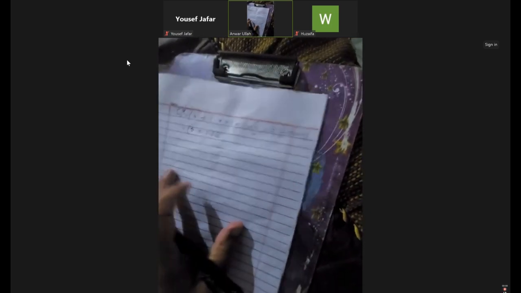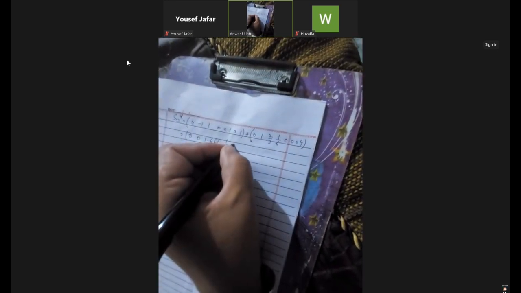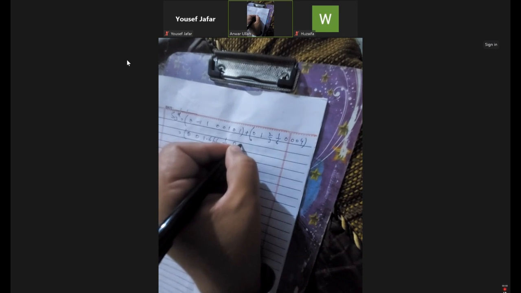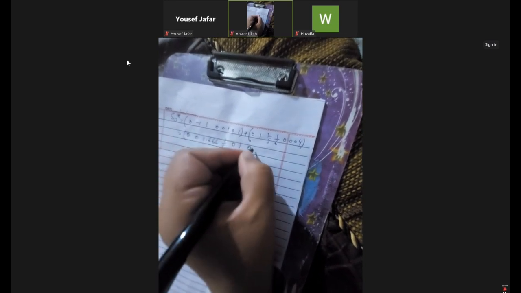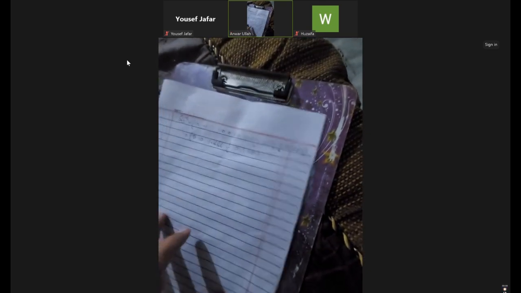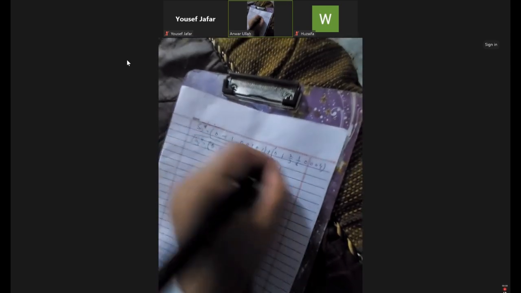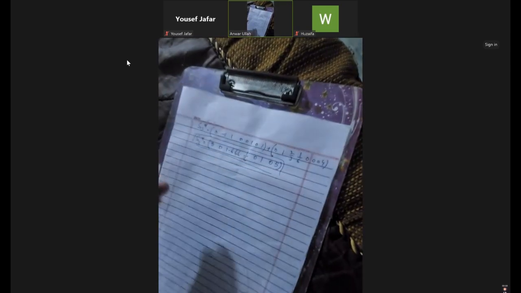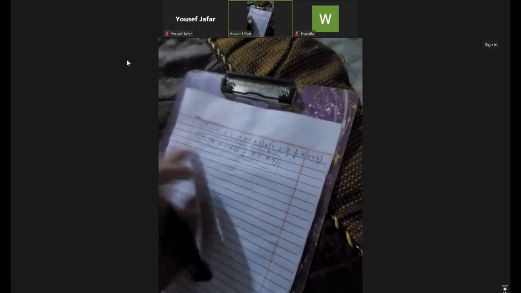Now 0 plus 1 over 6 is 1 over 6. 0 plus 0 is 0. 1 plus 0 is 1. The new updated S3 row is here.